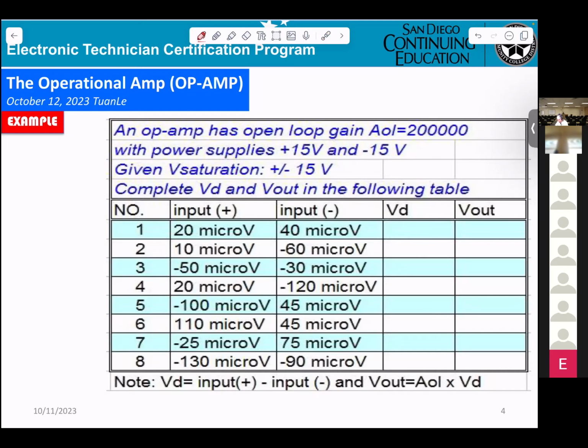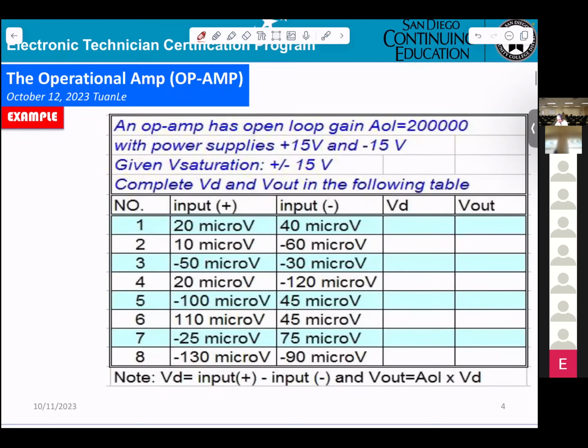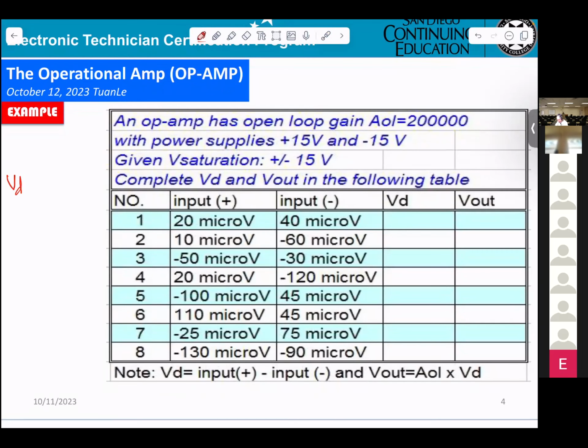You know VD, right? VD equals V positive minus V negative. So first one, what is VD?